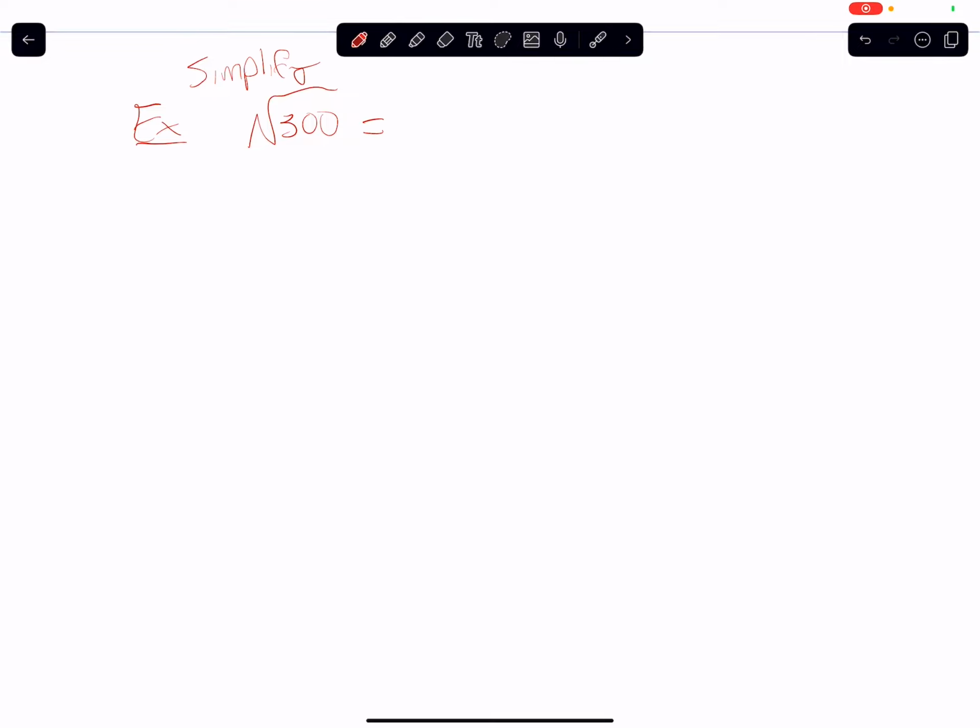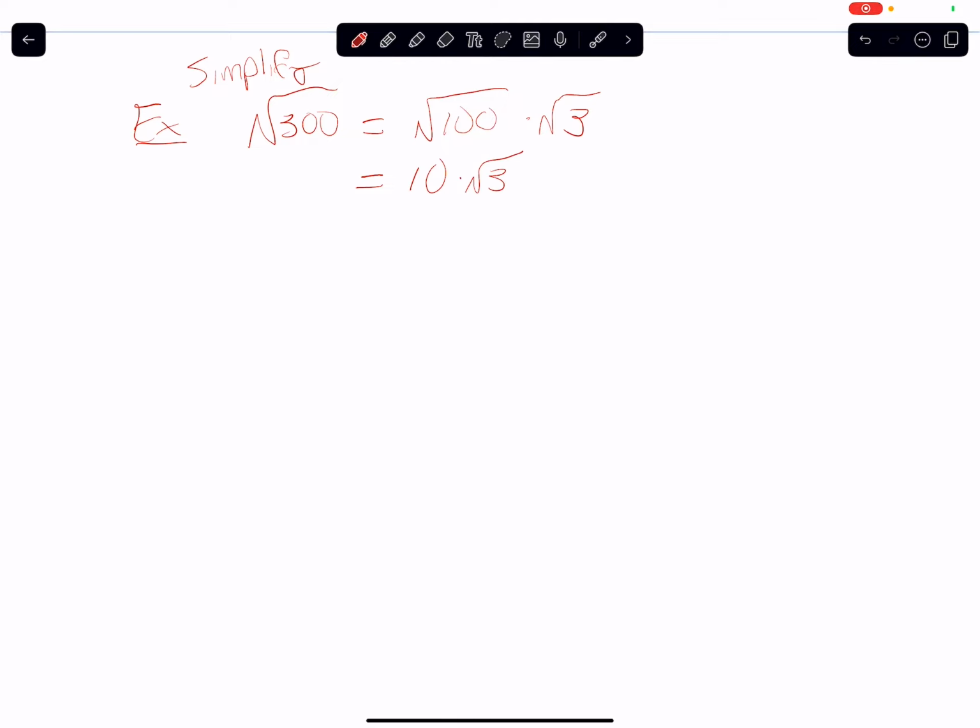We can rewrite this as the product of two separate radical expressions if we know a perfect square that will help us simplify. We know that 100 times 3 is 300, so the square root of 100 times the square root of 3 is another way to rewrite this expression. And so we can simplify the square root of 100 to be 10, and that's 10 times the square root of 3.